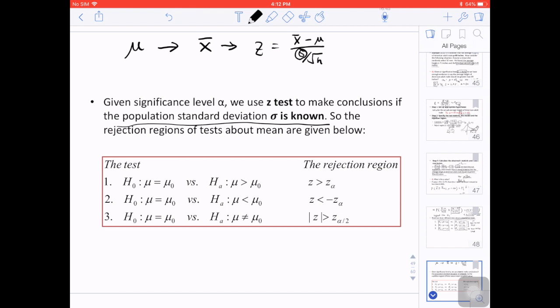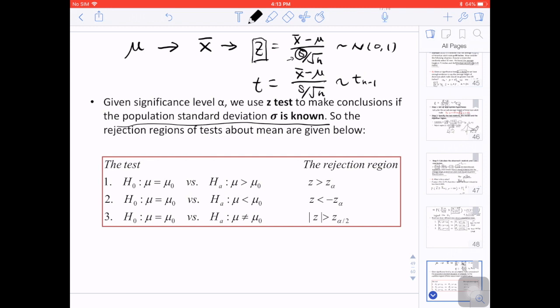If this is known, you can construct your z. But if it's not known, I'm going to use the sample standard deviation s to replace sigma, so I'm going to use t instead of z. This follows a t distribution with degrees of freedom n minus 1, where n is the sample size.